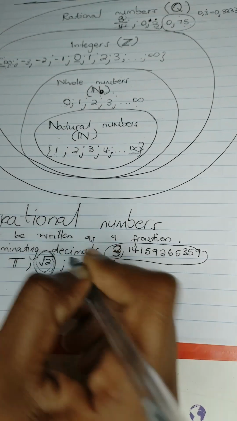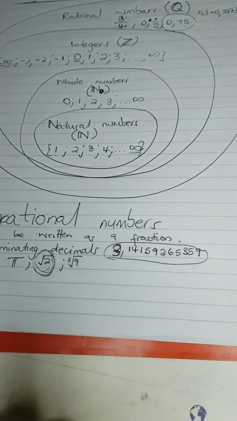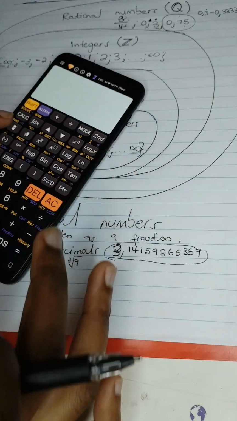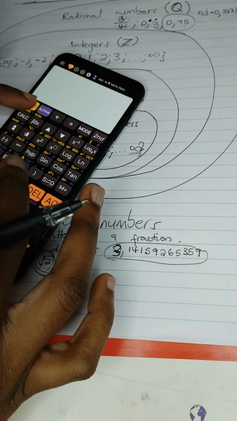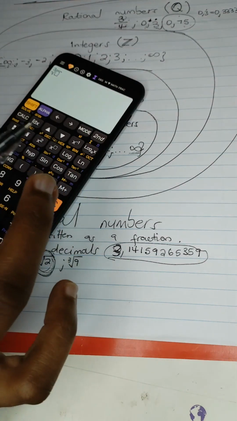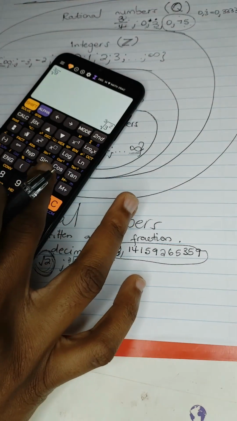Another example of an irrational number is the cube root of 9. Remember, it is not going to give you a whole number as an answer. If you punch it into the calculator, it's going to appear exactly how you pressed it.